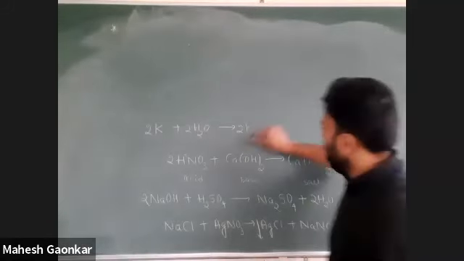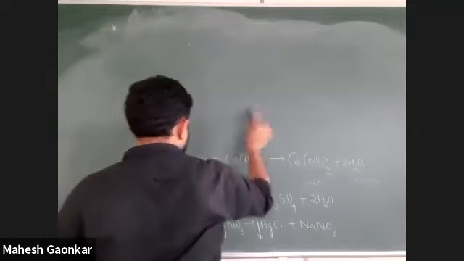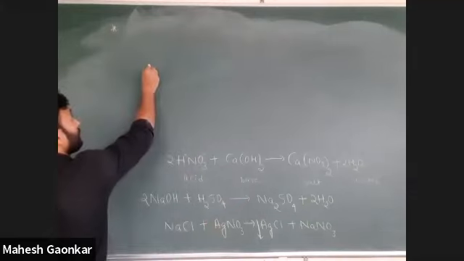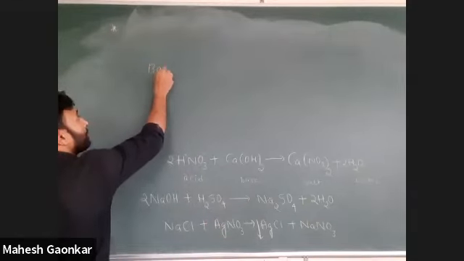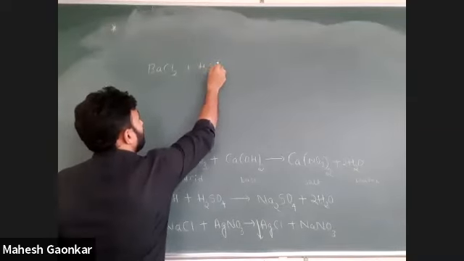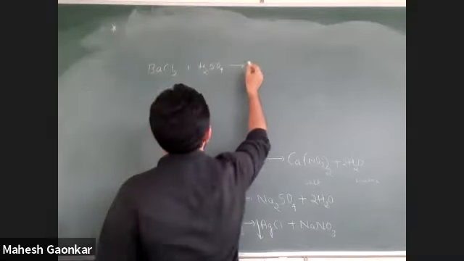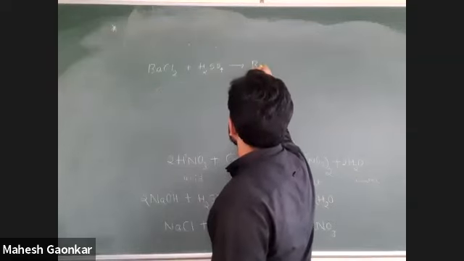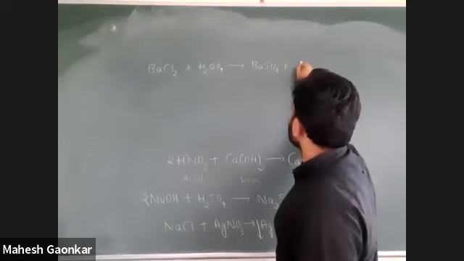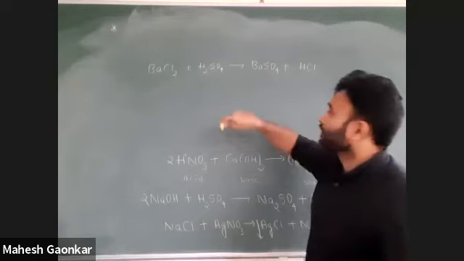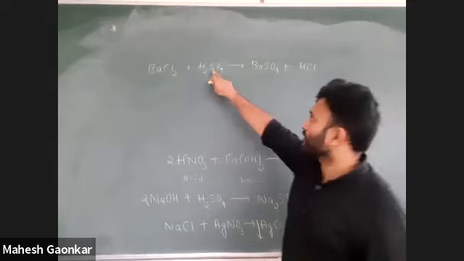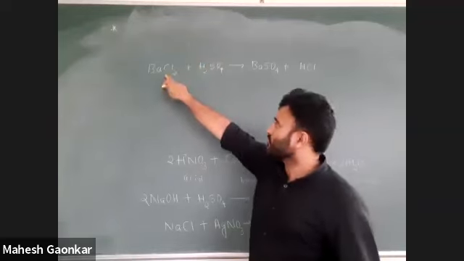BaCl2 plus H2SO4 gives BaSO4 plus HCl. Right? Here SO4 displaced Cl minus.